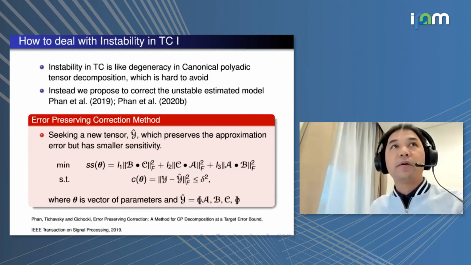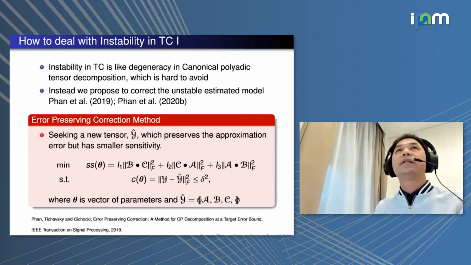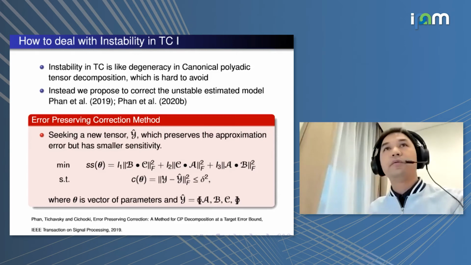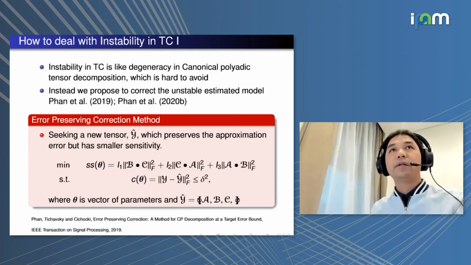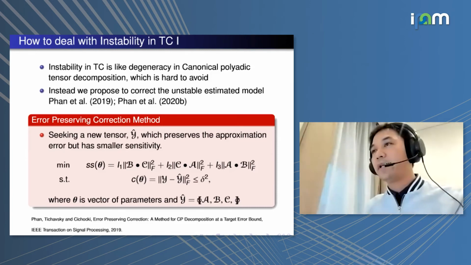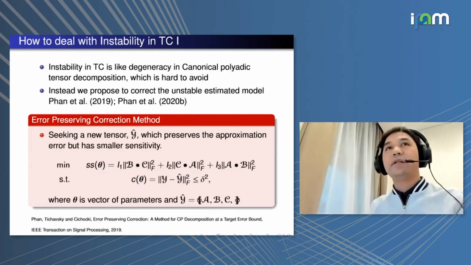It is almost impossible to avoid the instability in tensor chains. So how can we deal with this? The idea is that instead of generating a new random initial point, because it is almost impossible, as we already showed you that the success rate is really small, less than 3%.